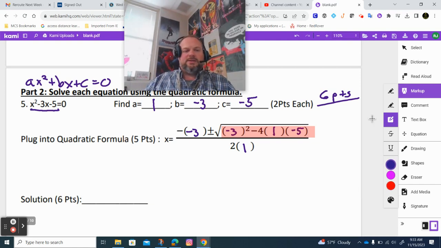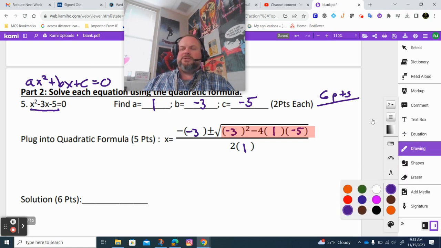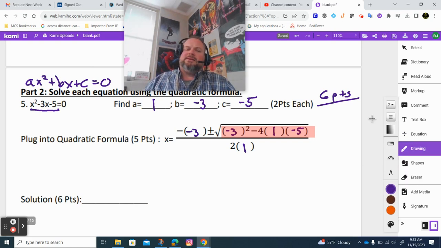All right. So when we're doing this, all we have to do is really just clean it up. Let's do it piece by piece. -3 squared is 9.